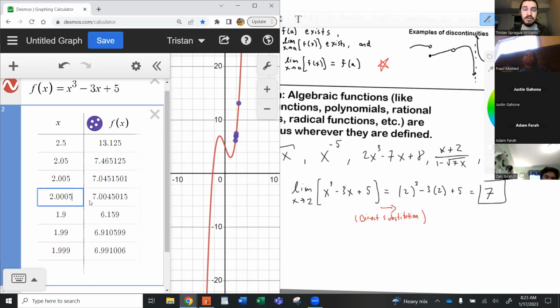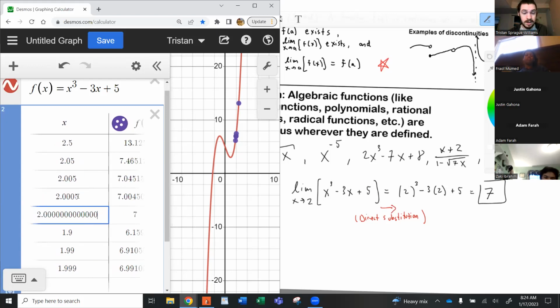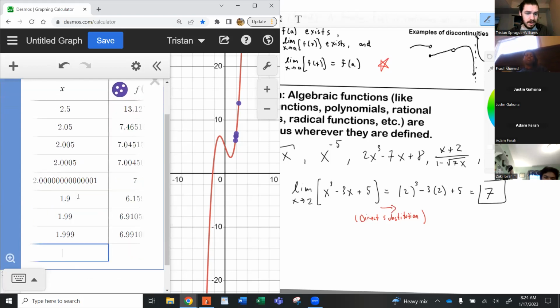So throwing in extra zeros or extra nines is really what we're aiming for: 2.0000000 something, maybe 1, and then 1.999999999 forever, right? Those are the things we want to be getting closer to. So you might as well do versions of that with some number of zeros and some number of 9s.